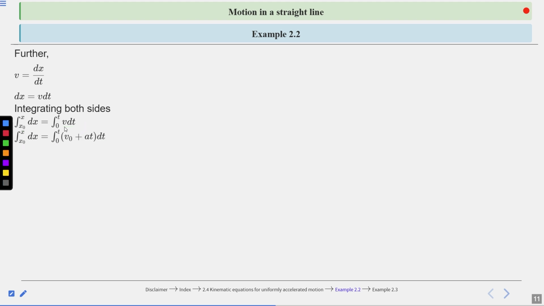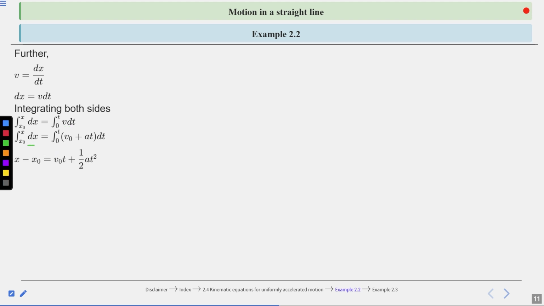So just substitute the value of v. We already calculated the value of v in the previous slide: v is equal to v naught plus at. So just substitute here.